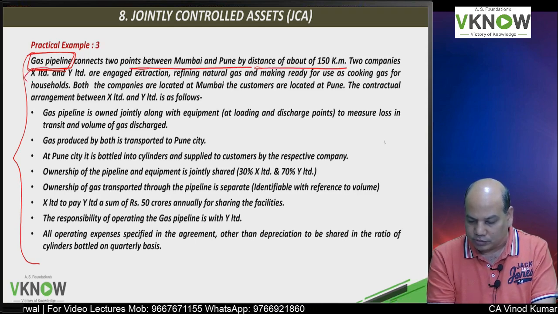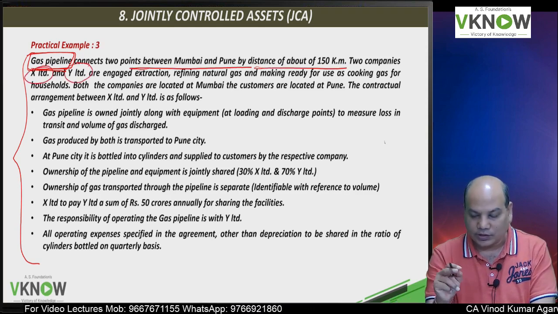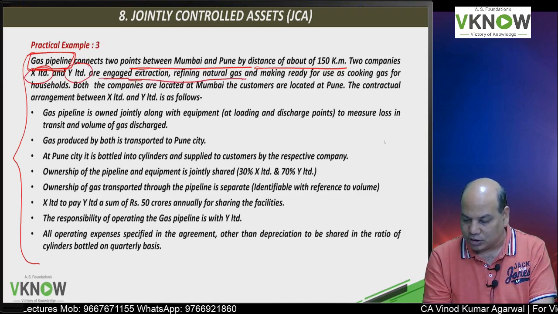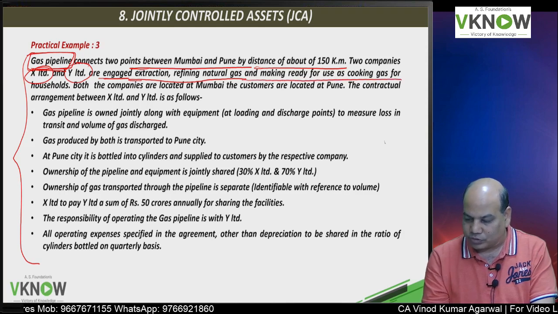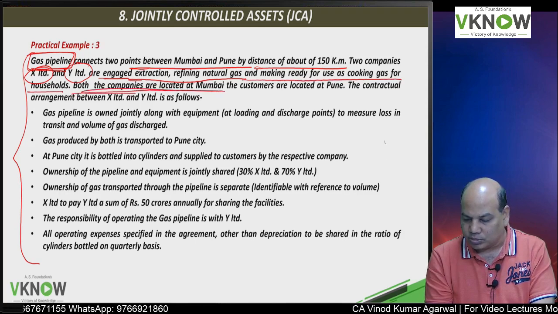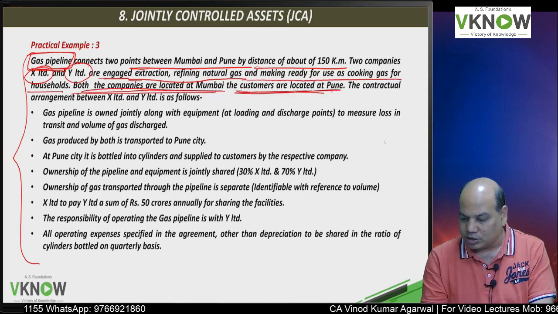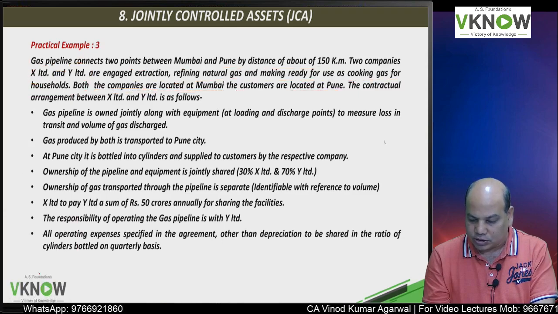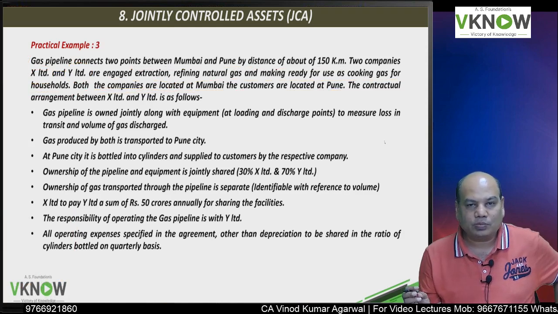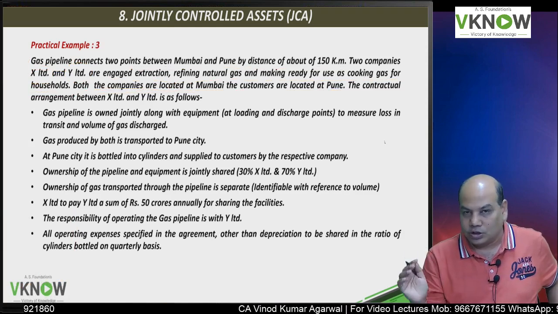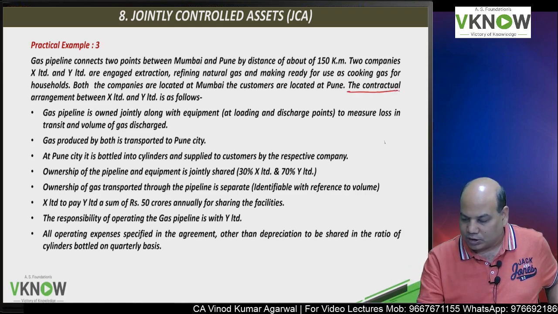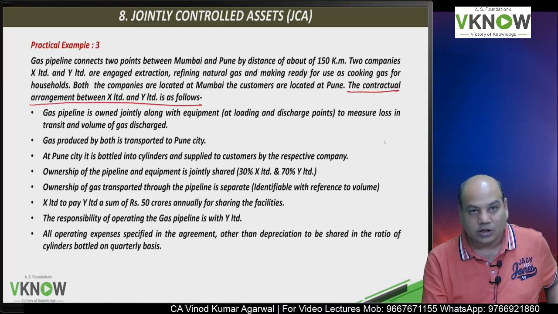The two companies, the two venturers X and Y, are engaged in extraction and refining of natural gas and making it ready for use as cooking gas for households. Both the companies are located in Mumbai, but the customers are located in Pune. If they construct pipelines independently, each of them will have to construct their own pipeline, which is very expensive. So they decided to have a jointly owned pipeline, and they agreed to the following terms and conditions.